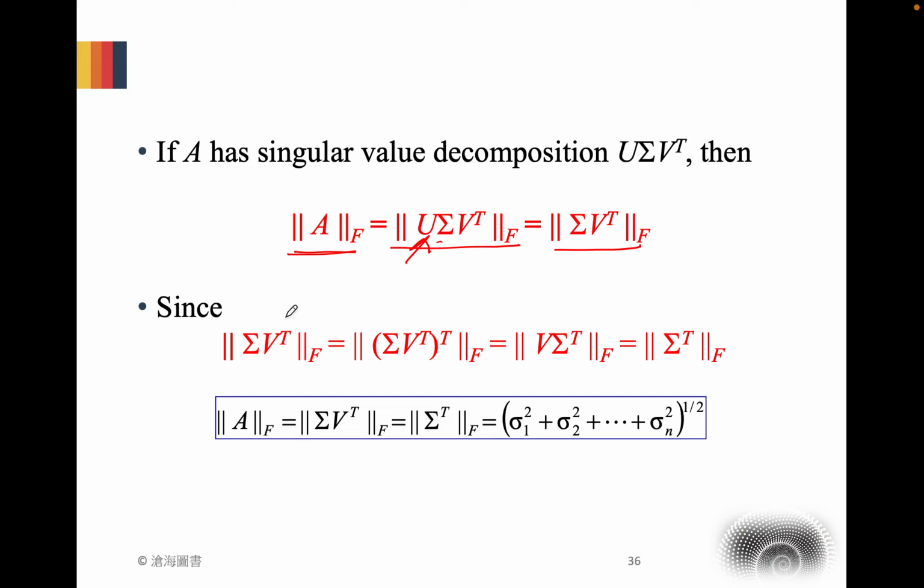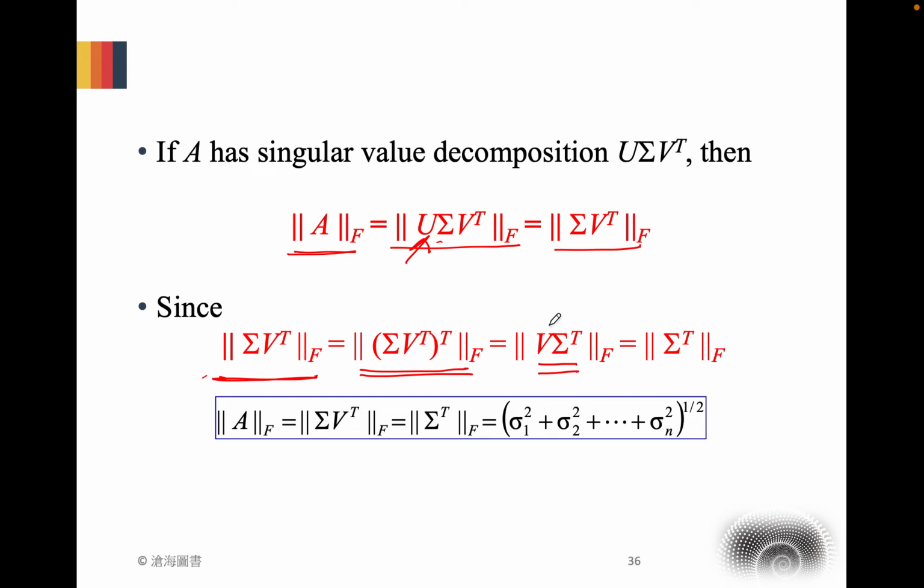Okay? And now, the Frobenius norm of this matrix can be rewritten as the Frobenius norm of this matrix transpose, right? Because we can do transposition and the corresponding Frobenius norm does not change. Okay, so it becomes the Frobenius norm of V sigma transpose.